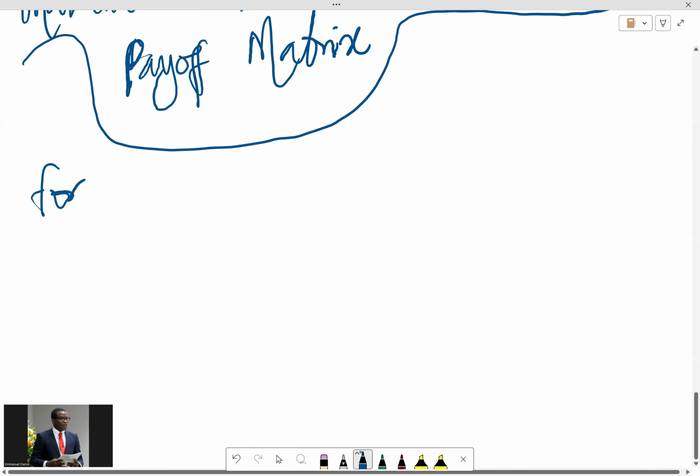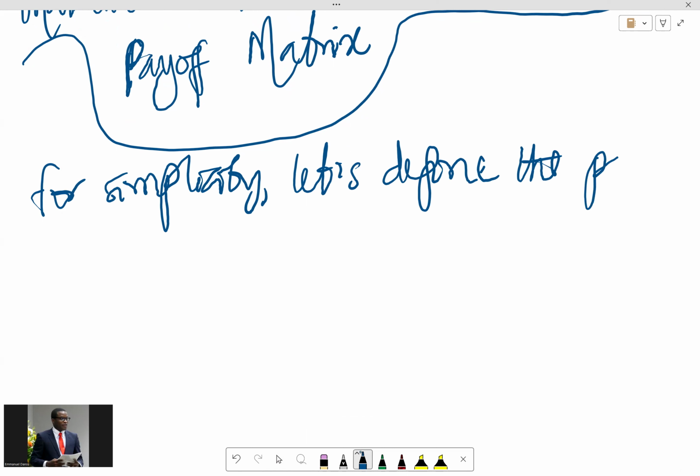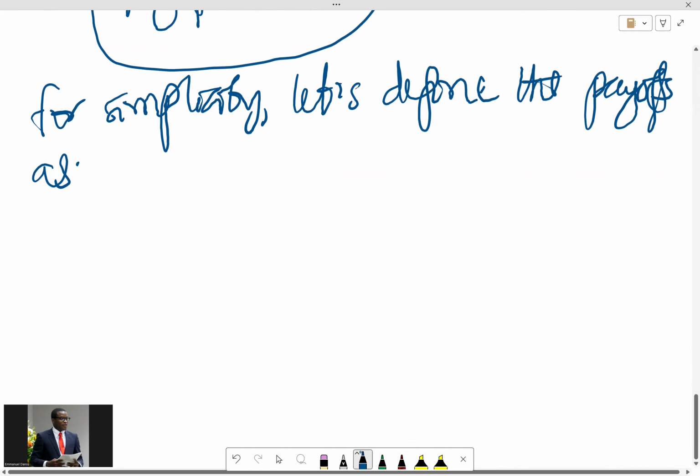For simplicity, let's define the payoffs as follows. Payoffs in this case can be defined in different ways. If you remember in the previous video, we looked at prison terms as the payoffs, but here the approach is a bit different. So you can define it as you like.